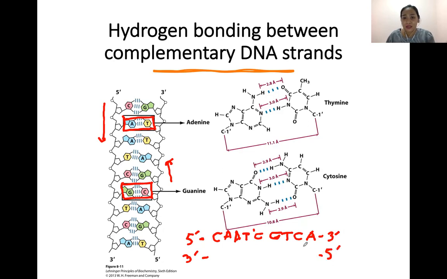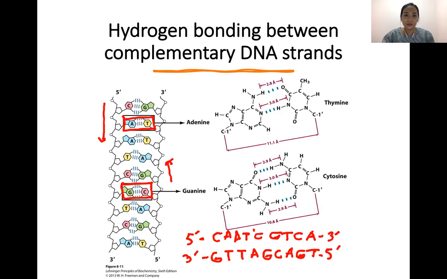And since we know that there's ATCG base pairing, we can actually write what the bases of the other strand would be. So since this one is C, then this will be G, this will be T, this will be T, this will be A, and then this will be G. G pairs with C, T pairs with A, C pairs with G, A pairs with T. So you will see here that this is one of the features of the DNA that allows it to be replicated, so that if you use one strand as template, you can still produce the new strand.